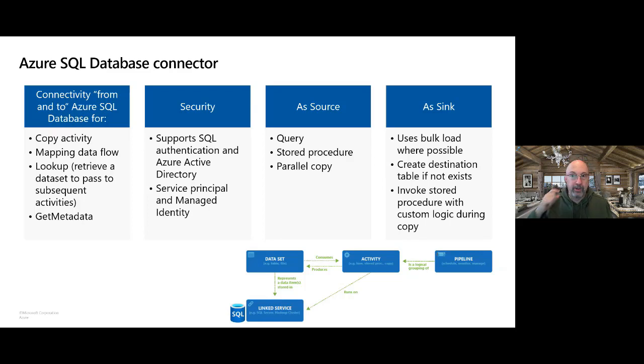For example, we can use a watermark type of approach to only extract the new data in that set of tables starting from a given point in time. We can invoke a stored procedure, of course. And when we need to extract a lot of data out of a source SQL DB, we can actually leverage a parallel copy, right?